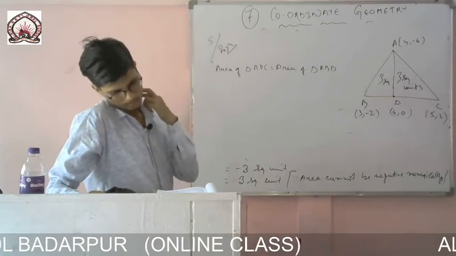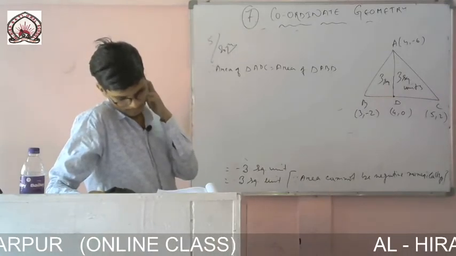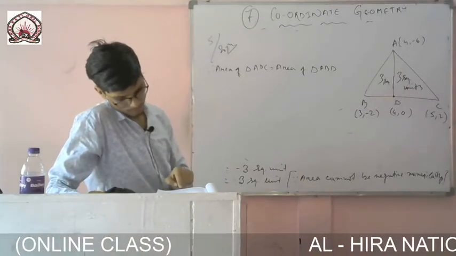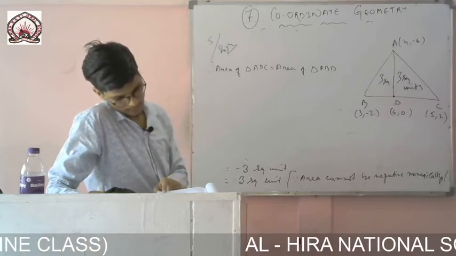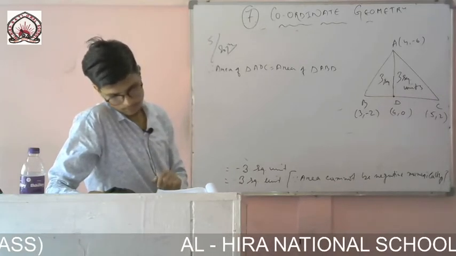So now, the question was to verify that a median of a triangle divides it into 2 triangles of equal area.